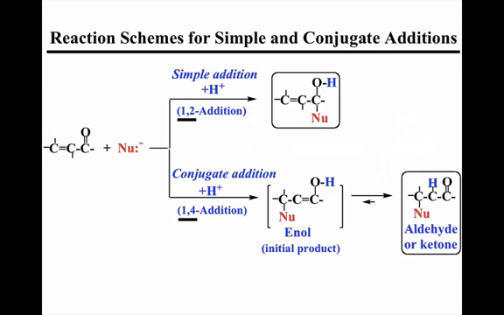So let's look at an example. Let's suppose we take an alpha-beta unsaturated aldehyde or ketone. It doesn't really specify here. We could have a nucleophile which will attack the carbon of the carbonyl and give me an alcohol. What kind of alcohol is that? Let's say it's an aldehyde. What kind is it?